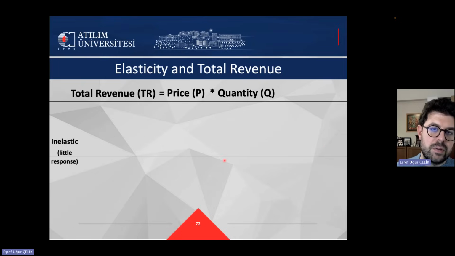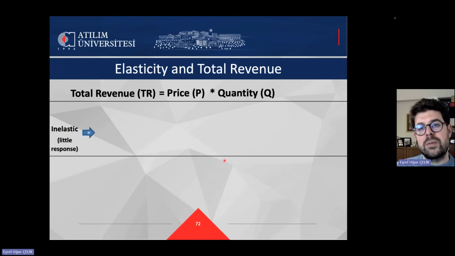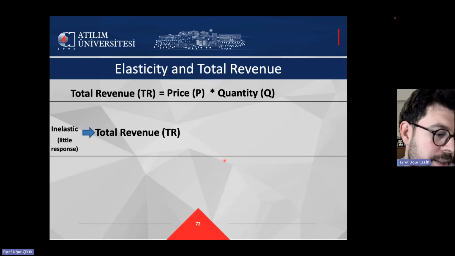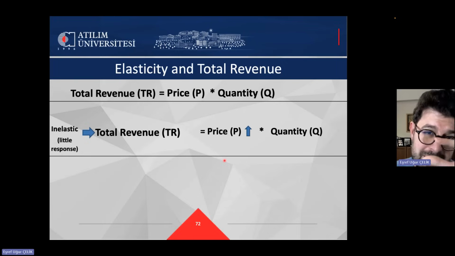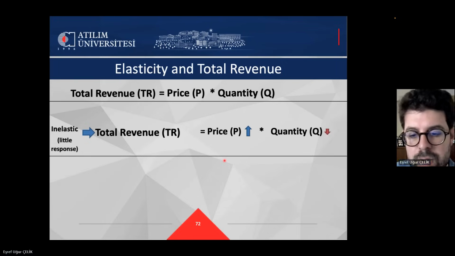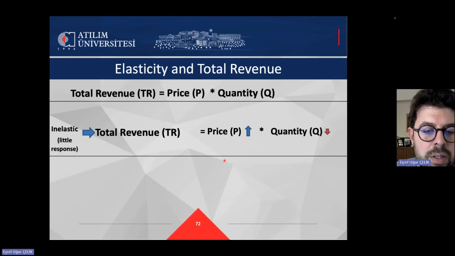What about inelastic goods? For inelastic goods, the reaction is less, okay? Little response. When we increase the price of inelastic goods, the quantity becomes lower but only a little. So the price increase is greater than the decrease of quantity, so the total revenue becomes higher.